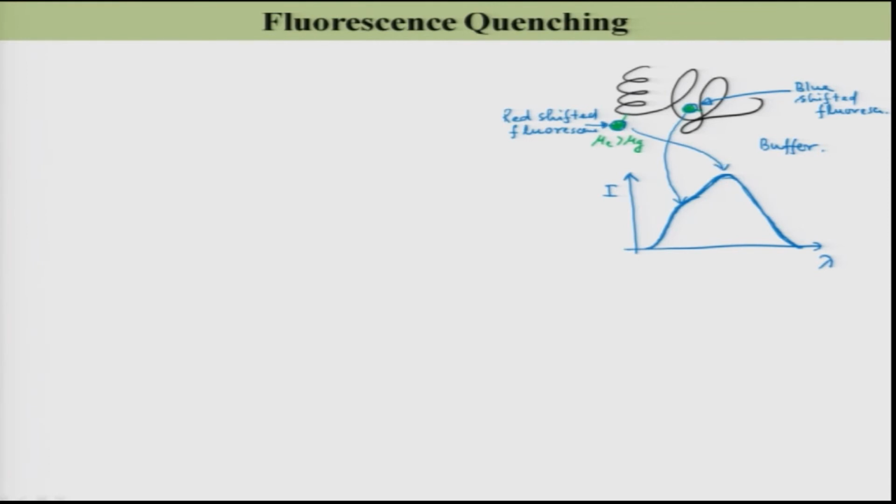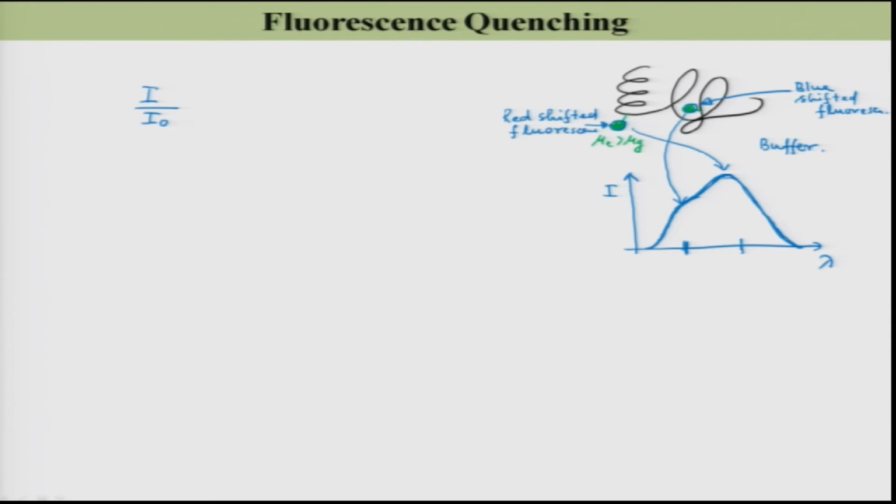As I said, one of them is more accessible compared to the other. That means this fluorescence intensity, this I by I0 that I just calculated, is a function of wavelength. If I calculate at this wavelength, then this I by I0 value will be different from what I calculate at that wavelength.